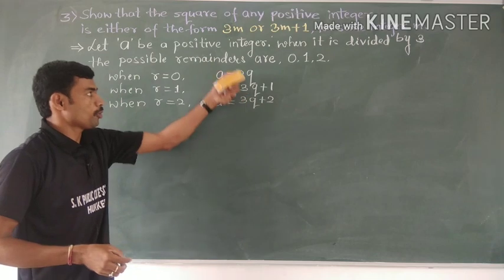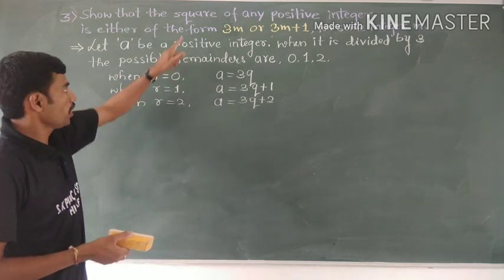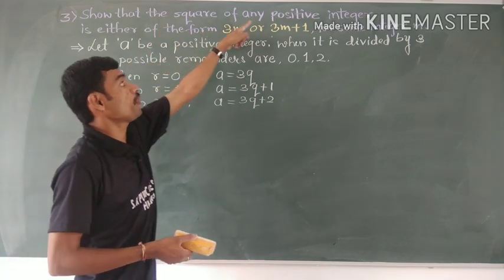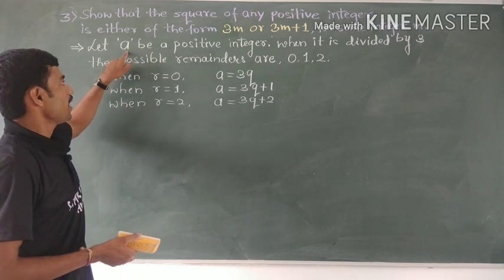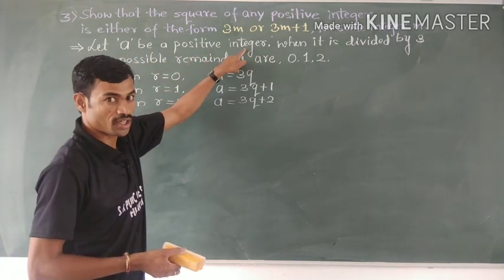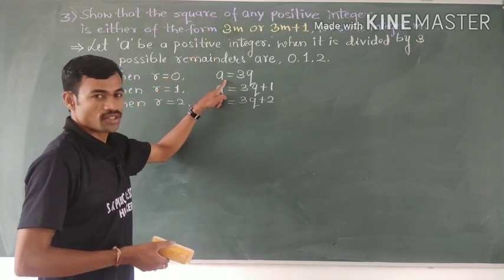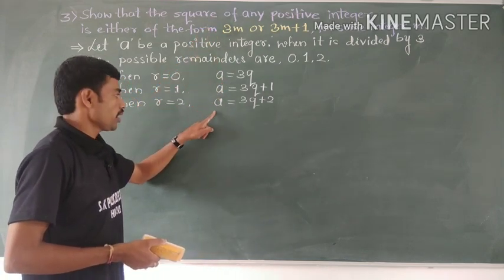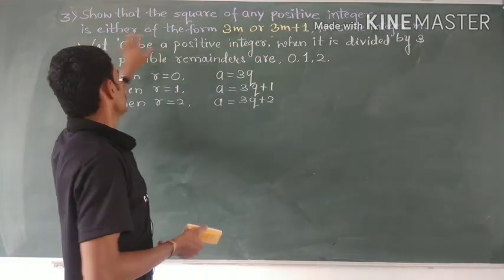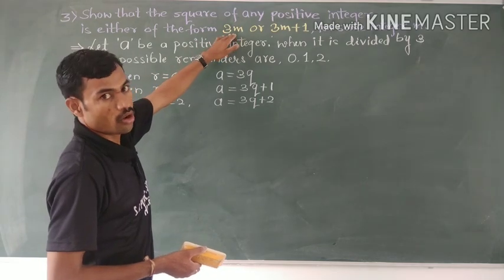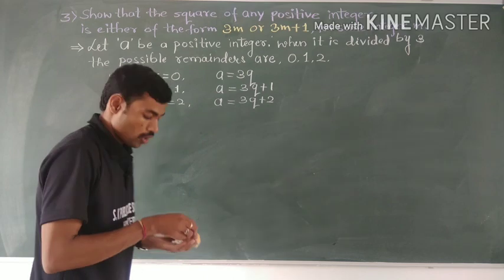This is the basic information we need to prove this one. Again, what have they given? The square of any positive integer. We have taken a as a positive integer. We have to do the square, that is a square. Then after doing the square, square of that number should be of the form 3m or 3m plus 1.